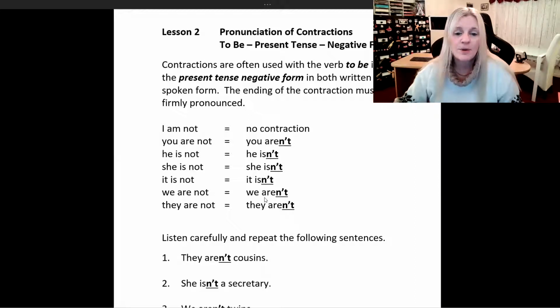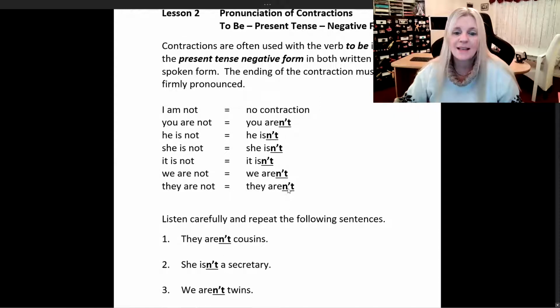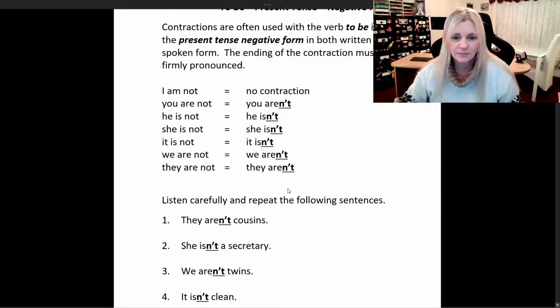You see how I bring that negative ending right to the end and pronounce the N and the T? They are not, or the contraction, they aren't. So you guys have to pronounce those contractions exactly like that.